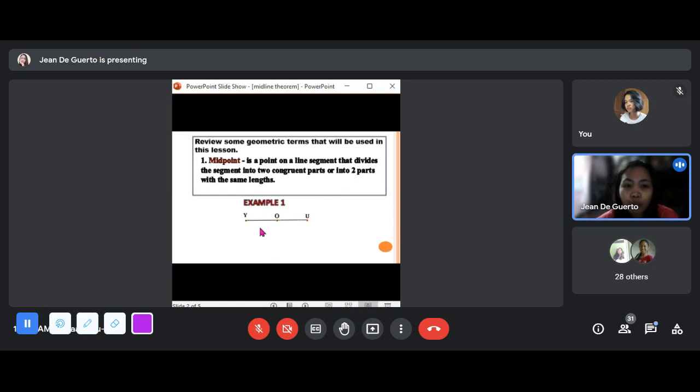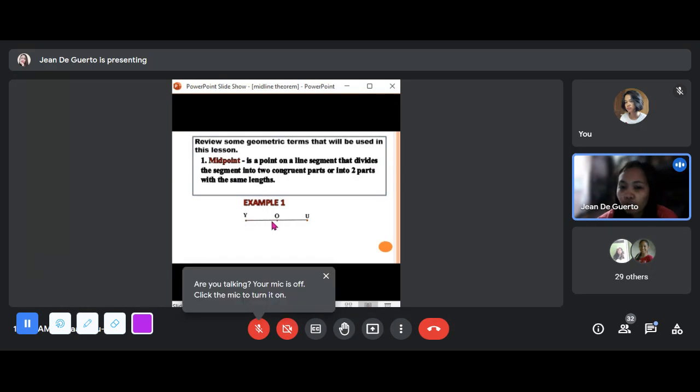So for example, we have this line segment YU. Line segment YU has a midpoint, which is point O, and point O is said to be a midpoint if and only if segment YO is congruent to segment UO.